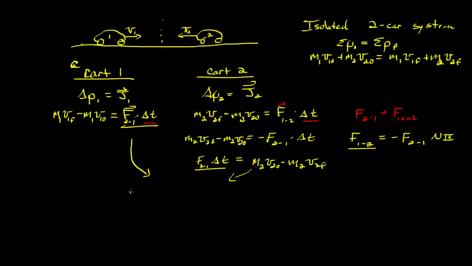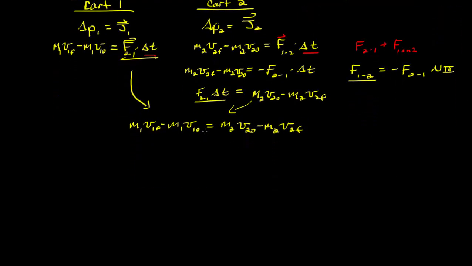So now we can pull these together. We get mass 1 v1 final minus mass 1 v1 initial is equal to mass 2 v2 naught minus mass 2 v2 final. Gathering our initials and finals together, I would move this one over here.